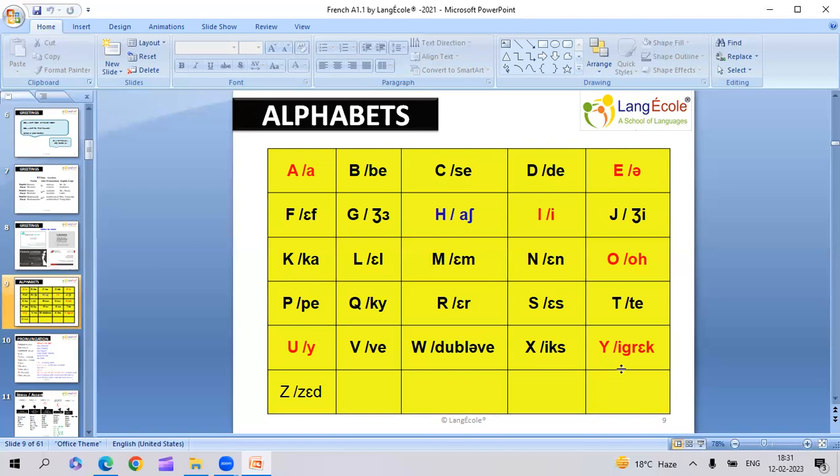Silent alphabet. So if H is in the beginning, it will be silent. If H is anywhere else in any of the words, it will remain silent. So H will not be pronounced, and other alphabets will be pronounced together.